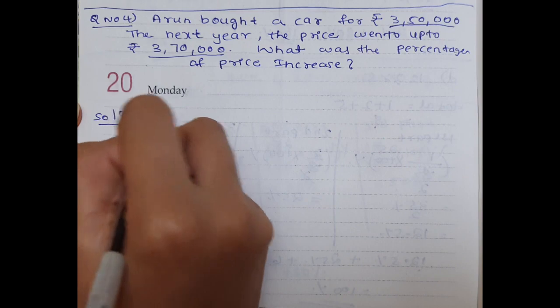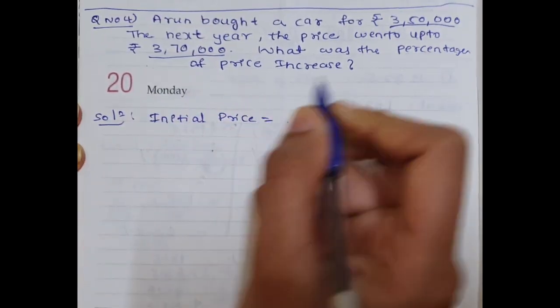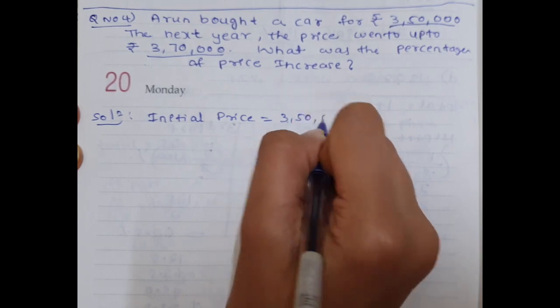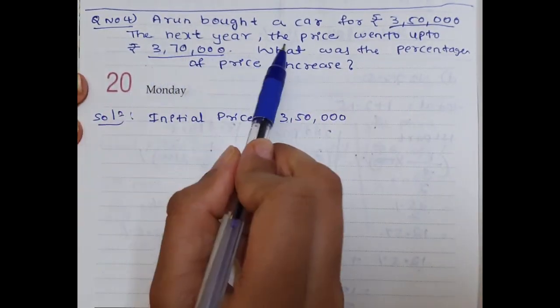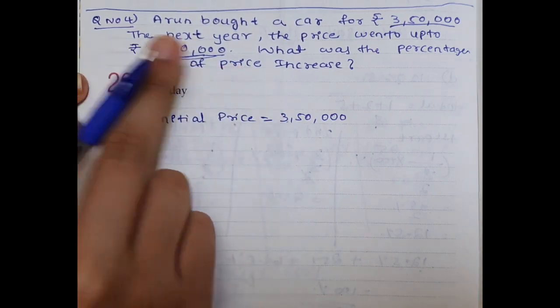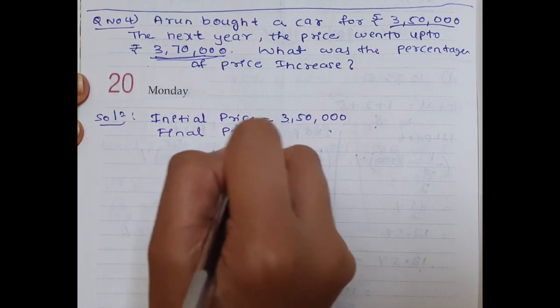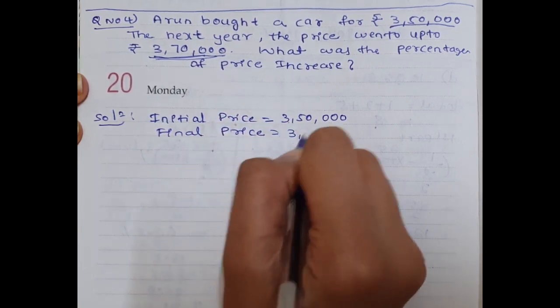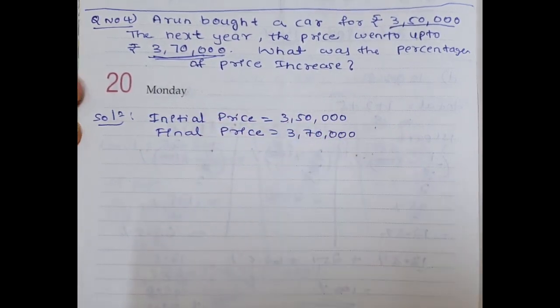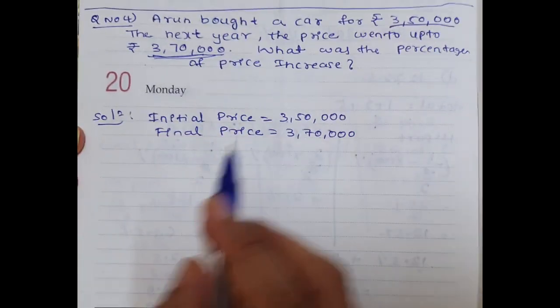The initial price equals 3,50,000. The next year the price went up to 3,70,000. So the final price equals 3,70,000.